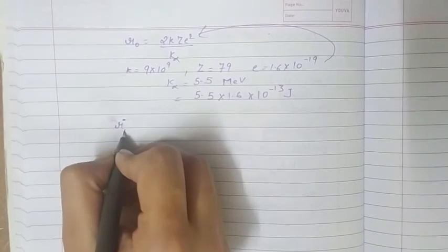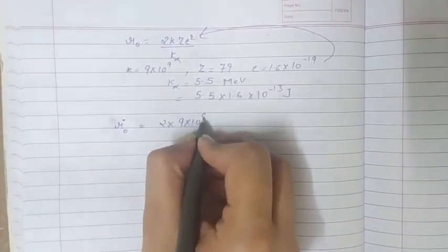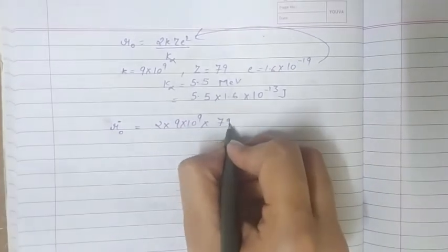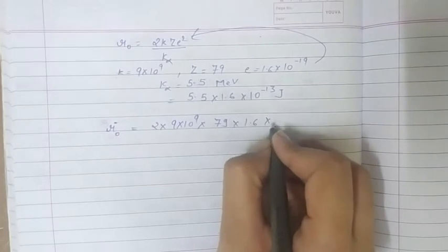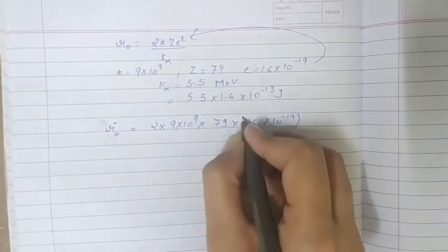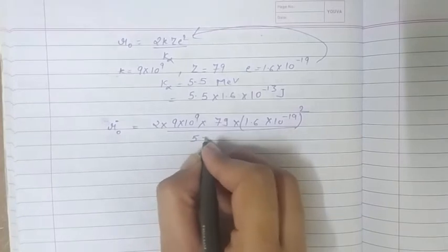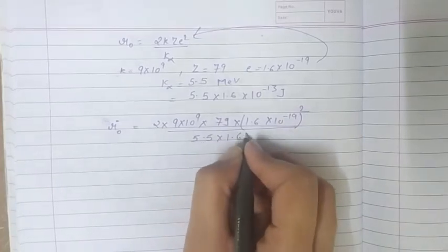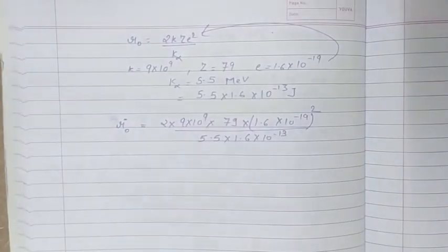We can get the distance of closest approach as 2 into 9 into 10 to the power 9 into 79 into 1.6 into 10 to the power minus 19 square, this is E square, upon 5.5 into 1.6 into 10 to the power minus 13. Right?